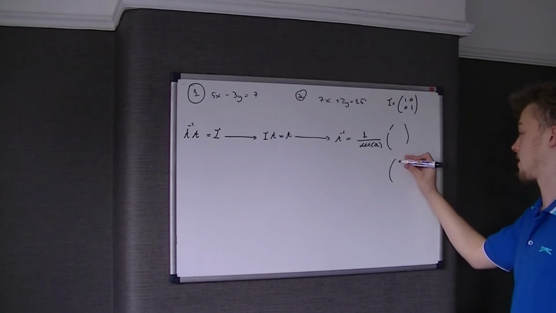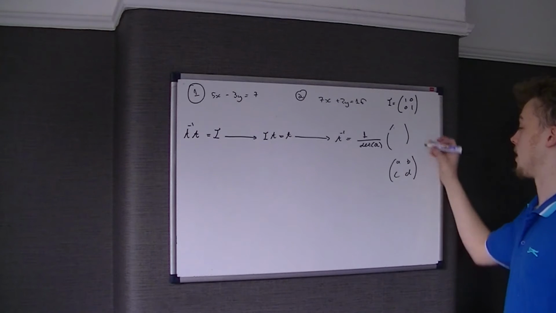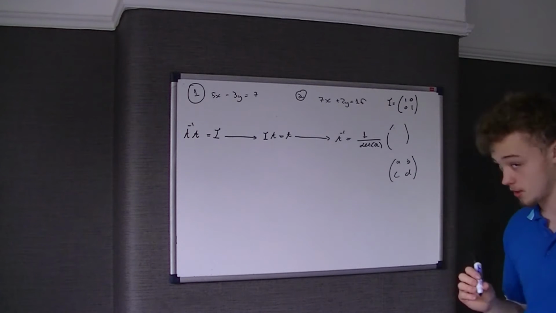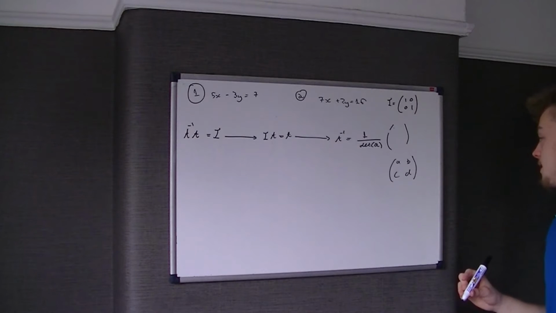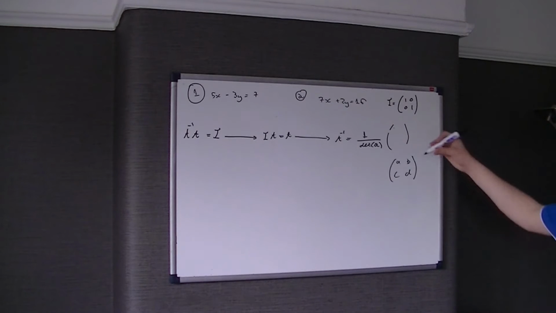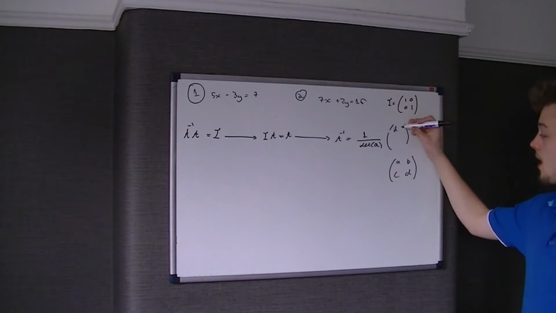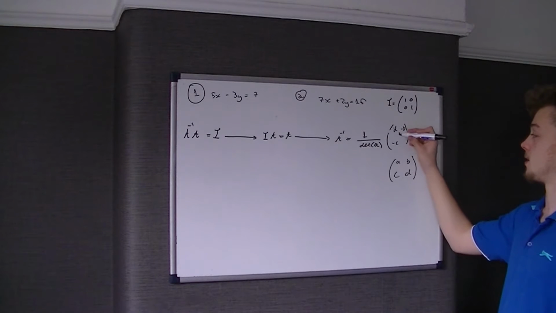So if we call the matrix A, B, C, D, then the inverse of A is 1 over the determinant of A, which is A times D, take B times C, or C times B, so that's 1 over the answer of that, times, so we switched A and D around, so it's D, and then B and C, we took the minus of them two, it's minus B, minus C.